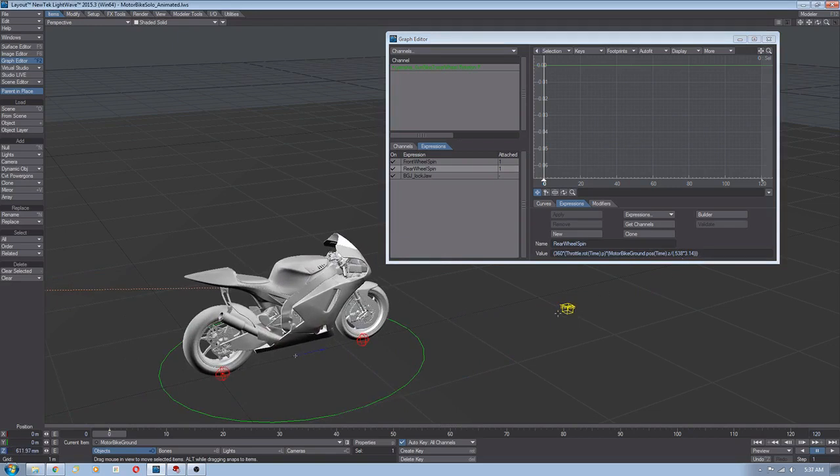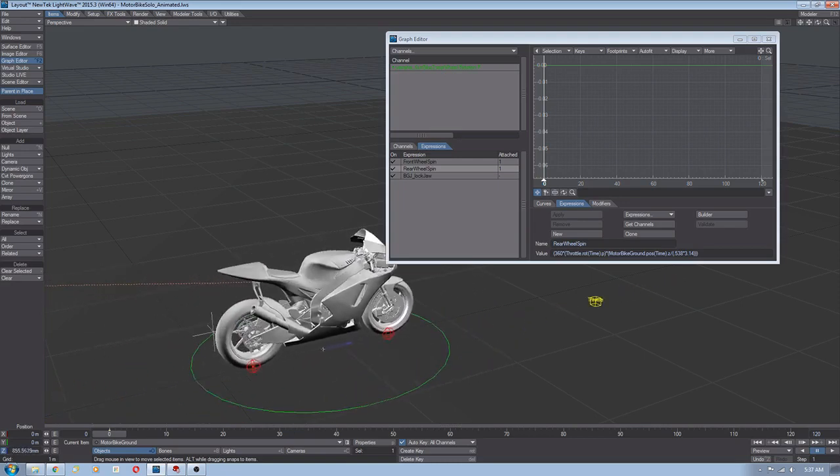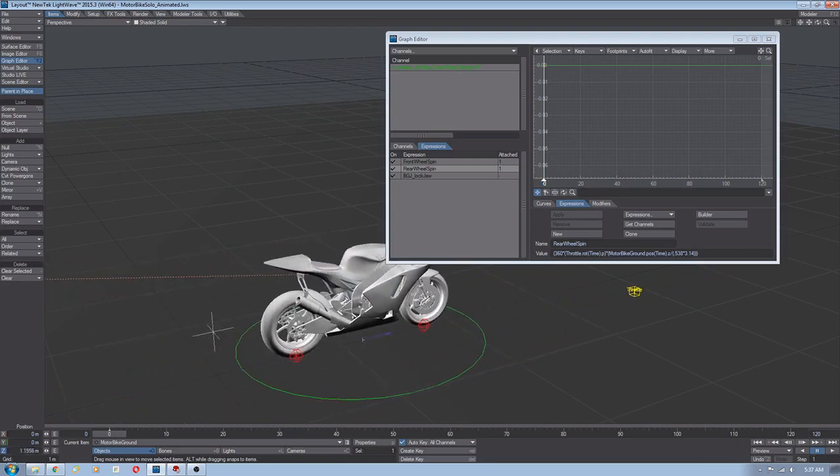This is real world stuff. This is the stuff that we learned in junior high school. And therefore, the wheels move by themselves, and it doesn't matter which direction.